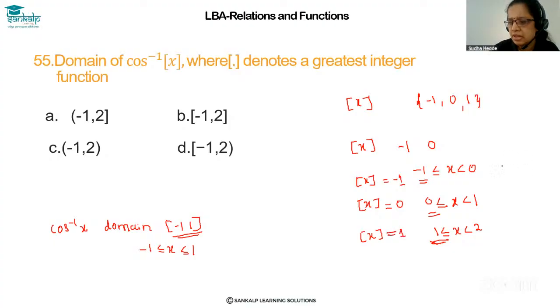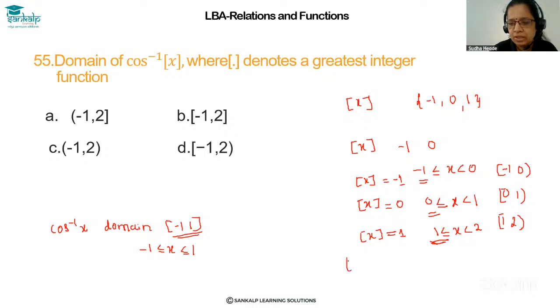Now in interval form, you can write it as -1 to 0, with -1 side closed and 0 side open; 0 closed, 1 open; 1 closed, 2 open. If you take the union of this, you will get the answer of this question.